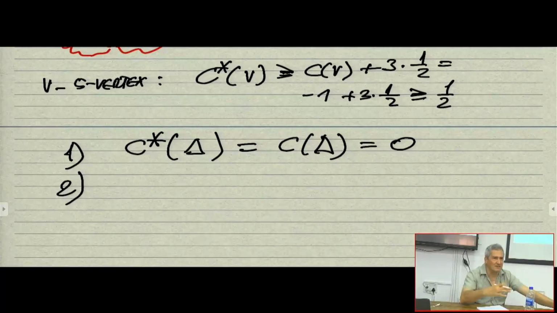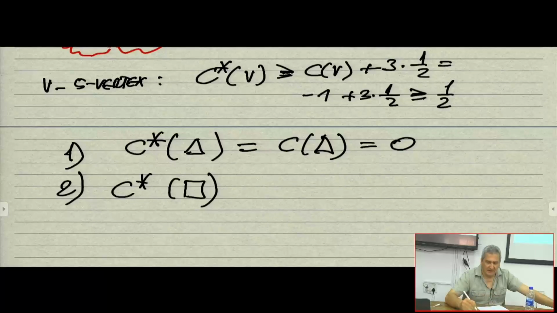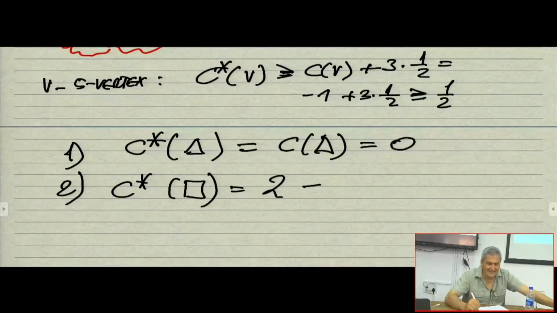We can do it at once, but let's see first a face of size four. Initial charge is 2 times 4 minus 6, like 8 minus 6 is 2, yes? Initial charge is 2, and it can send how many? 1/2 to every vertex, yes? 1/2 multiplied by 4, and it will be at least this. It may not send anything, so it will be at least 0.